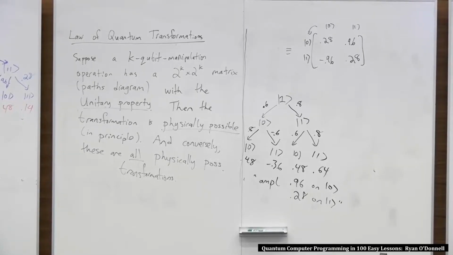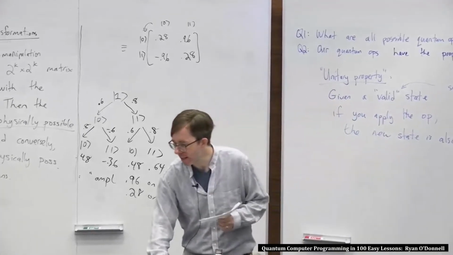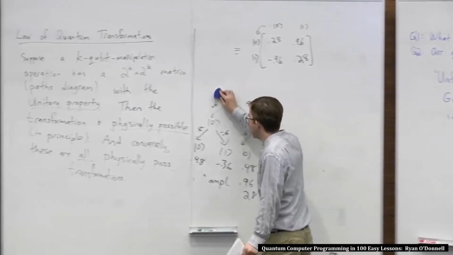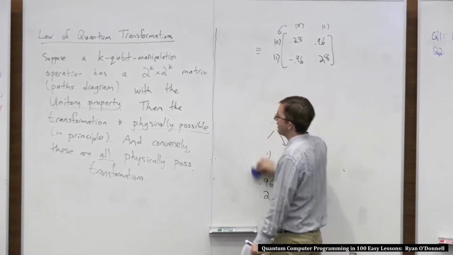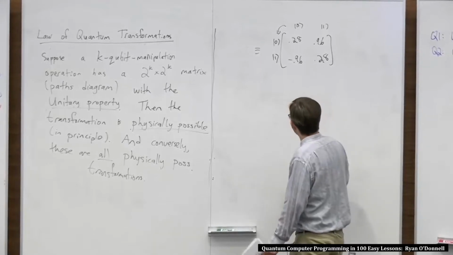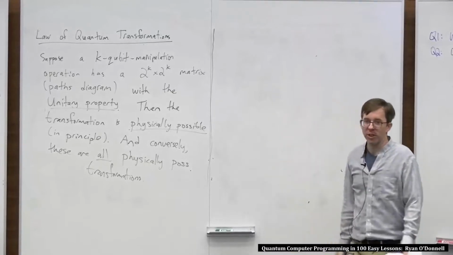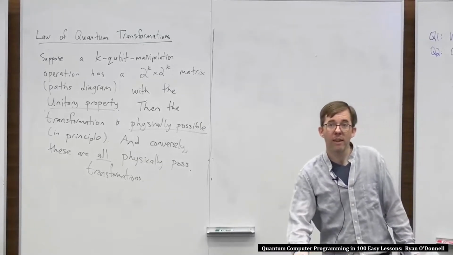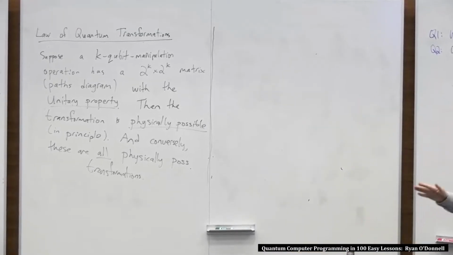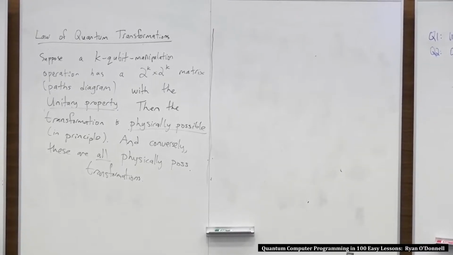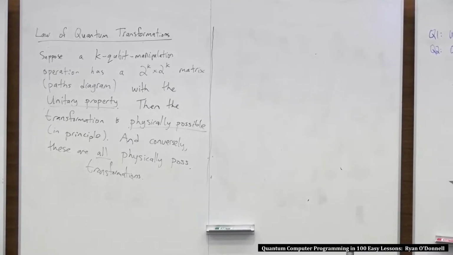So maybe one thing we should check or reflect upon is this. I told you at the beginning of the course, toggle A, that's a valid quantum transformation. And Hadamard A, that's a valid transformation. And if A and B, then toggle C, that's a valid quantum transformation. So maybe we should go back and check that these all have the unitary property.